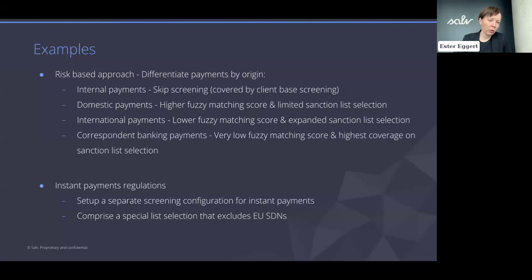If you are now allowed to process instant payments within Europe, or within the EU to be more precise, without screening them, then that's a massive opportunity to cut down your workloads, costs, but also customer friction, which was the point of the regulation. But then technology can often become the bottleneck. So that's the problem. But as long as you have the configuration layer, it's all good.